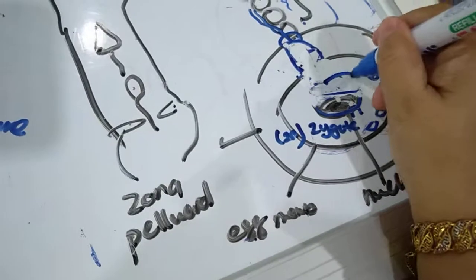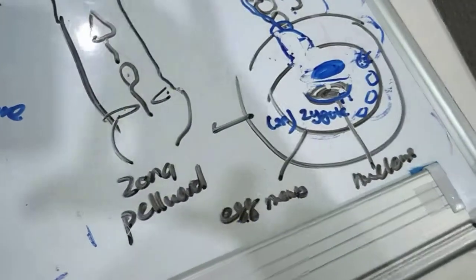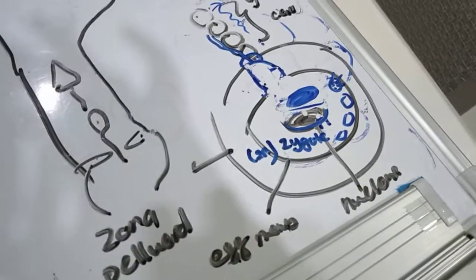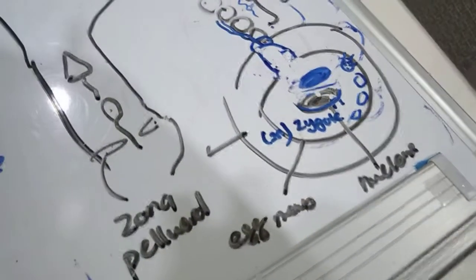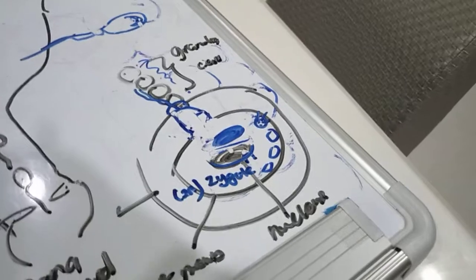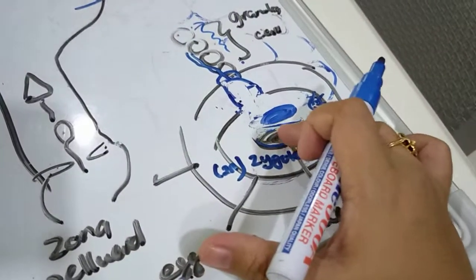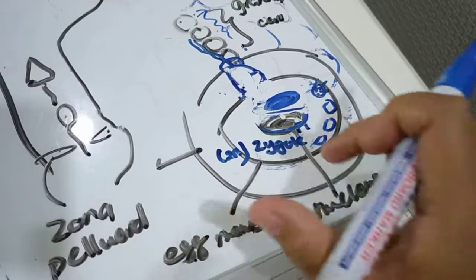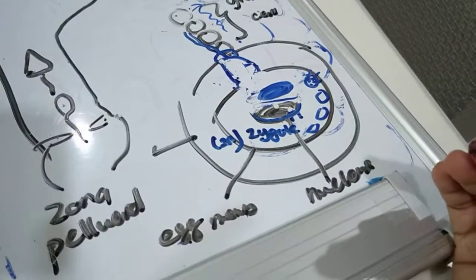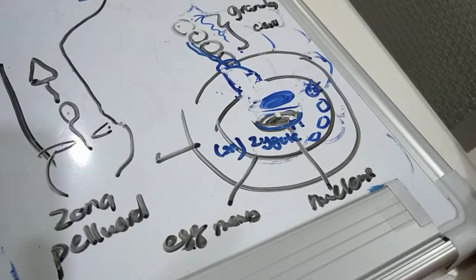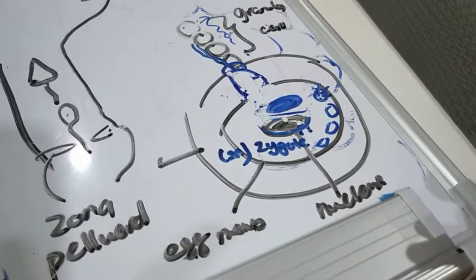So now the nucleus of the sperm is released into the cytoplasm of the egg. So this process also will trigger the nucleus of the secondary oocyte to continue and complete meiosis 2. So try to recall back in oogenesis.